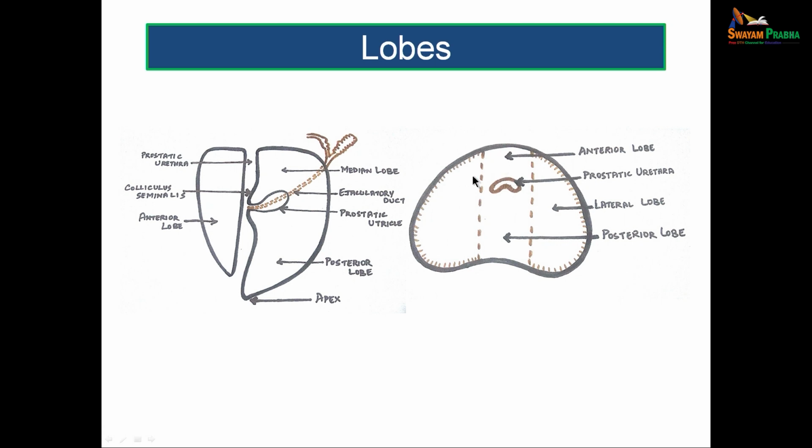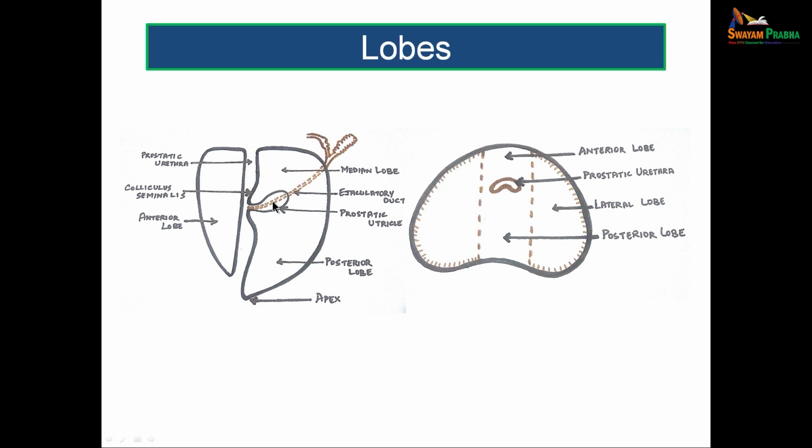The anterior lobe is found only in the initial period of childhood. Later, after about 6 years of age, it gets converted into a fibromuscular stroma which covers the anterior surface of the gland. This lobar anatomy, which was seen as 5 lobes initially in the anatomical classification, is no more followed.